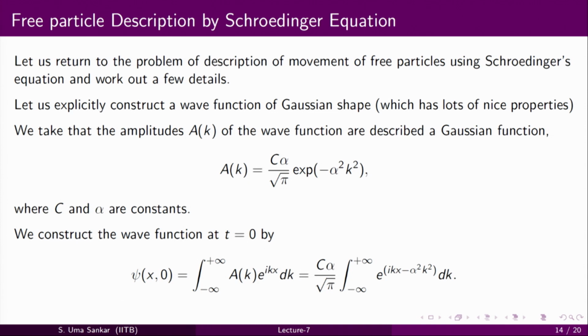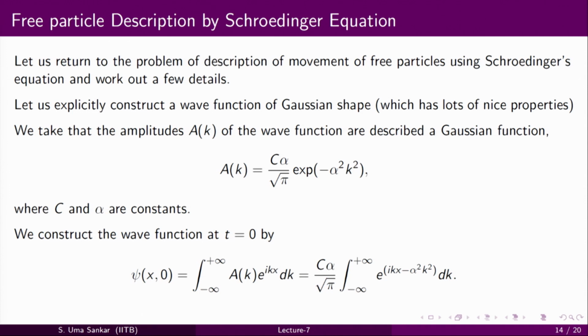I take it to be a Gaussian function. The reason I take it to be Gaussian is because Gaussian functions have a lot of nice properties as far as their wave packet description is concerned. So, I take it to be a Gaussian function involving two constants c and alpha. The form is written there.